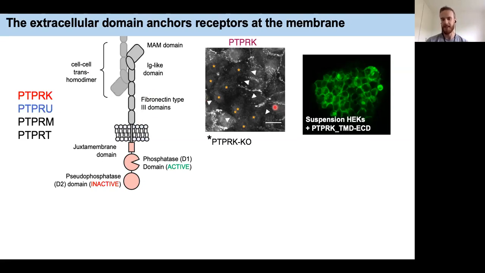They're located to the sites of cell-cell contact, and we know that this homodimer interaction is actually needed to stabilize their expression at the cell surface, as if you take PTPRK knockout cells and culture them with wild-type cells, you'll never see any of these receptors at the boundary between the two different cell types. And in adhesion, if you simply take the extracellular domain along with the transmembrane domain and transfect them into suspension cells, that alone is sufficient to cause a really dramatic clustering phenotype in these cells.